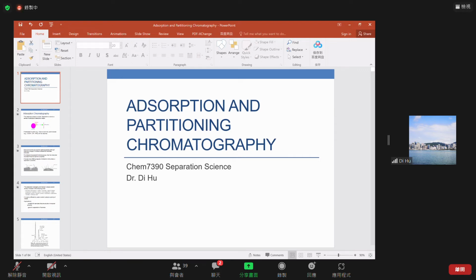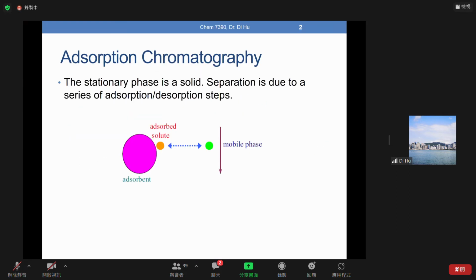Now we're going to go through some details and talk about adsorption and partition chromatography. Ready? Let me expand it. As I already mentioned, HPLC includes adsorption chromatography and partition chromatography.